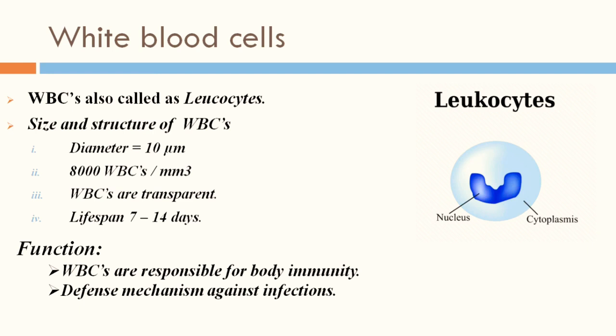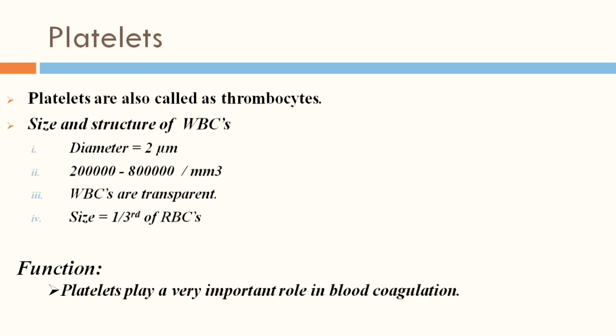The change, however, is often so small that the WBC count remains within normal limits, and only the differential count would indicate the abnormality. WBCs are mainly responsible for the immune system of the body and provide a defense mechanism against infection, and hence the counting of these blood cells is very important. Now move to platelets.